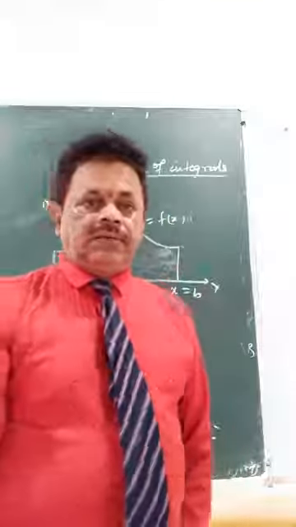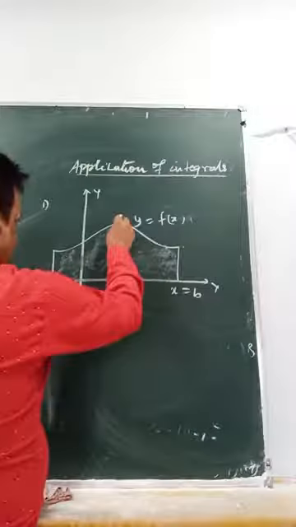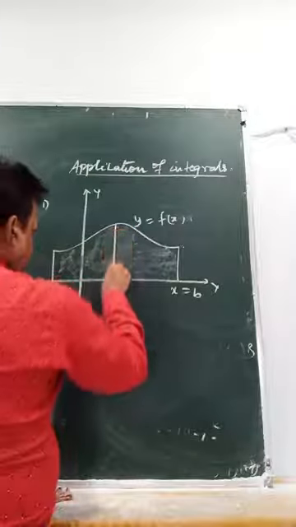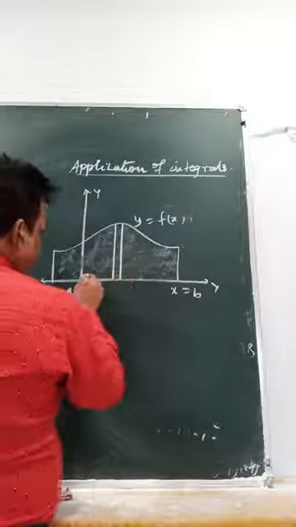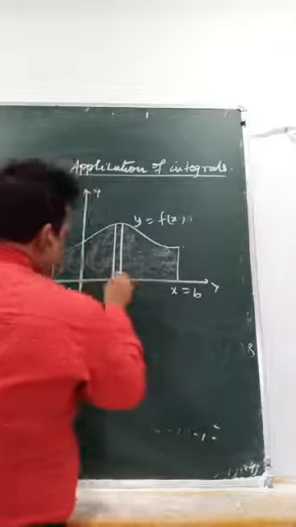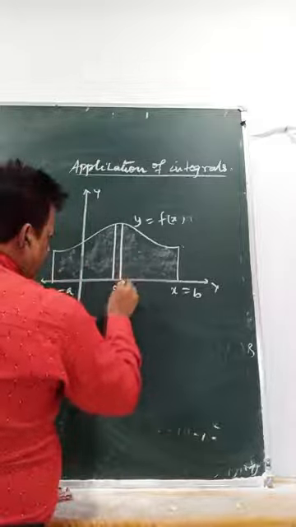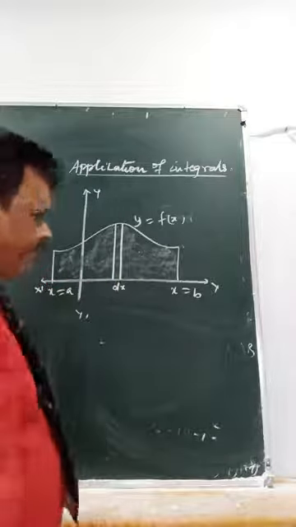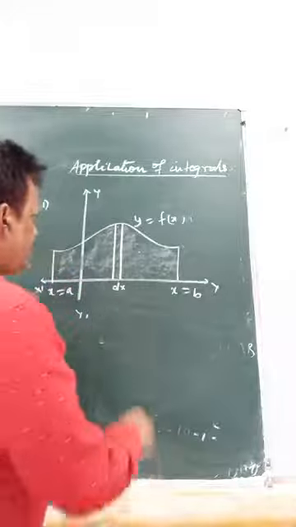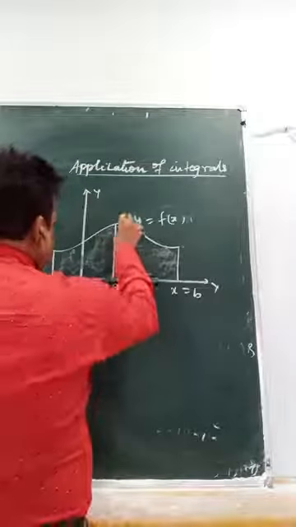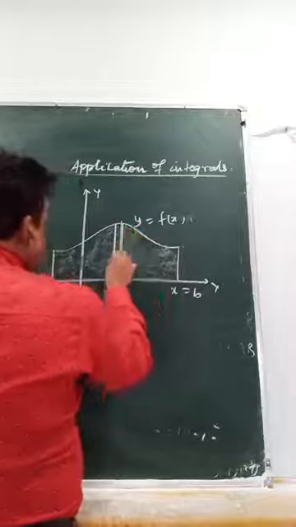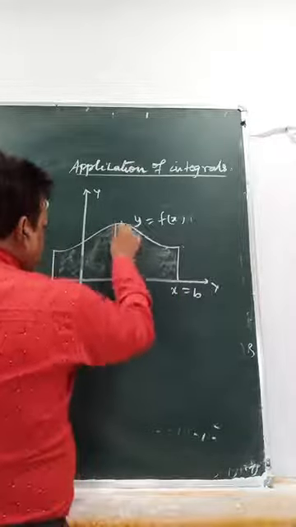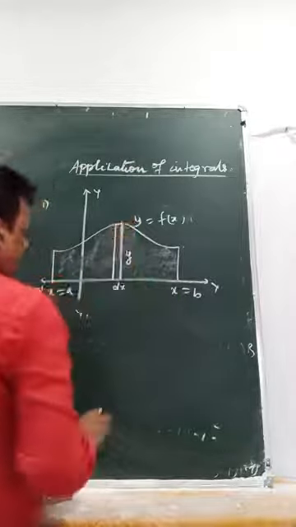So what you have to do is take a small rectangular portion here. If this is your x value, the small portion will be dx value. Then this is your y value. So what is the area of this rectangle then?